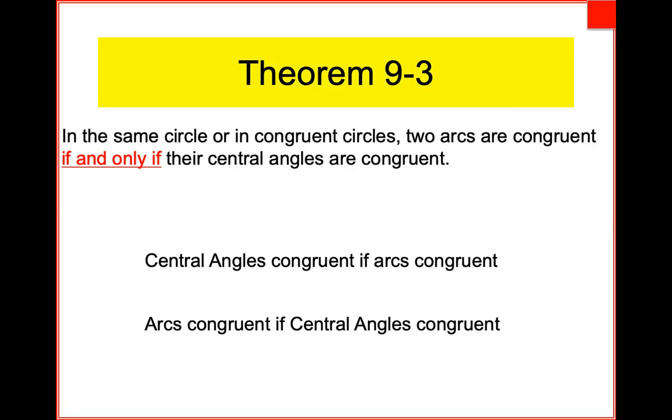There's not much going on here with this theorem. We don't get any skill from it. All we basically get is the fact that things are congruent if their central angles are congruent in the same circle or congruent circles, or if the arcs are congruent and the circles are congruent or the same circle, then the central angles are congruent.